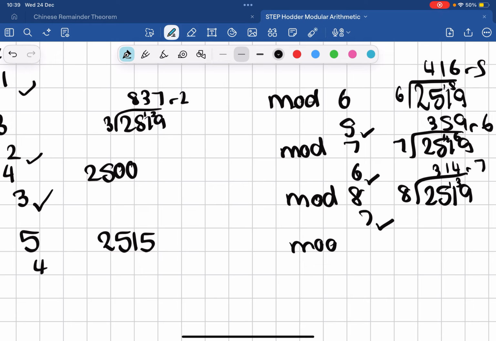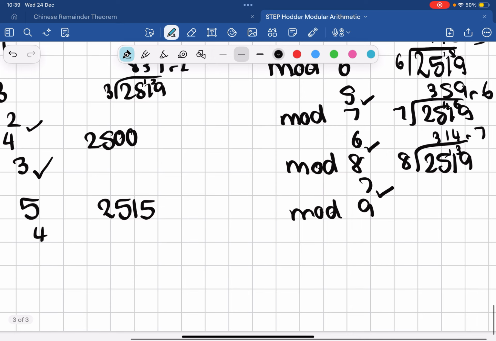Mod 9. So 2519 divided by 9 is 279 remainder 8. So again, this works.